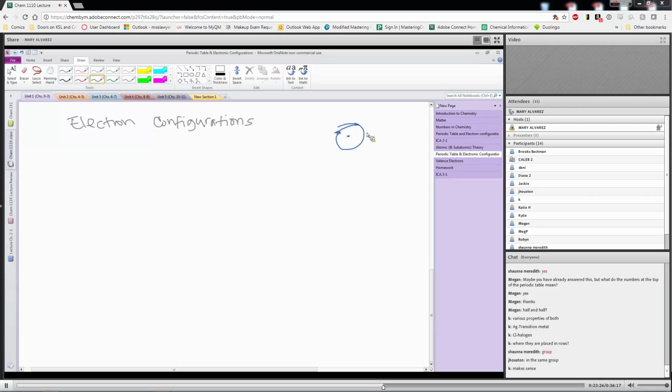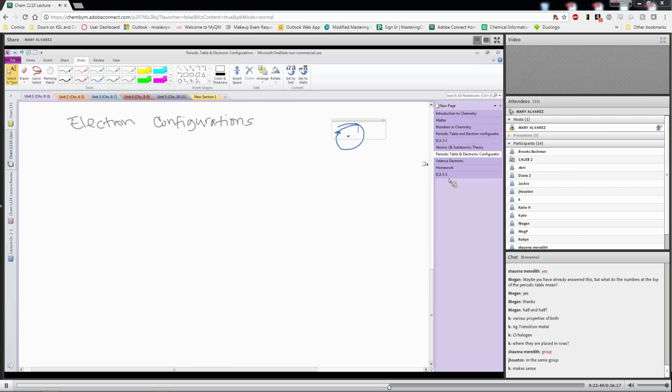And those specific orbits or those specific places have discrete energy levels. So in other words, my electrons can only have a very discrete energy level. I could be at energy level 1 or it could be at energy level 2, but I can't be anywhere in between. I can't be like energy level 1.5. I've got to be at 1 or 2.